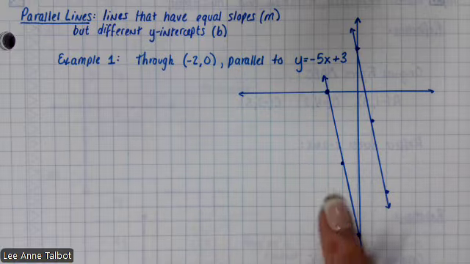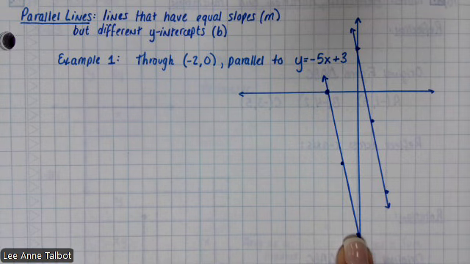Okay, and what is b in this parallel line that we made? How far down is that? Well, it was 2 sets of 5. Does that help?